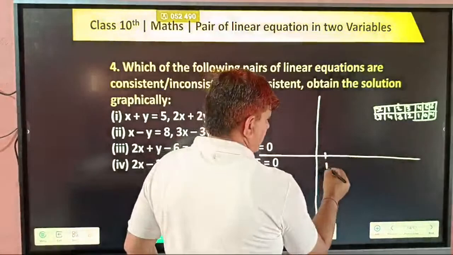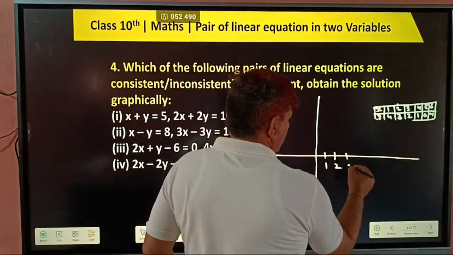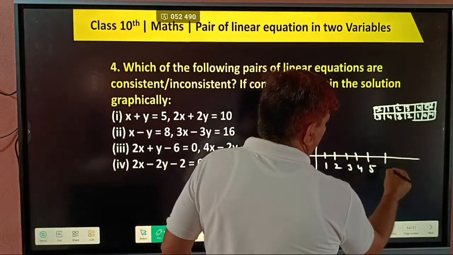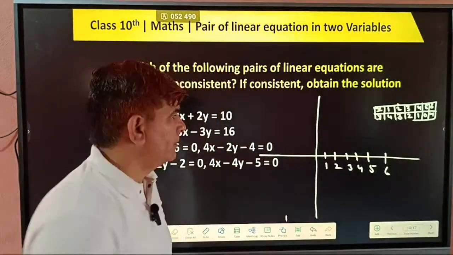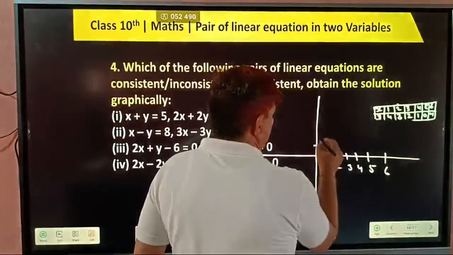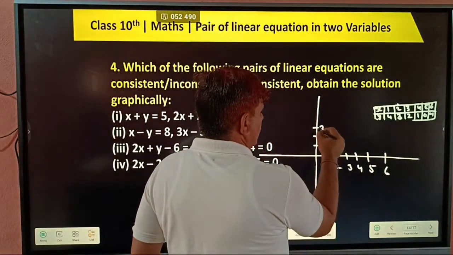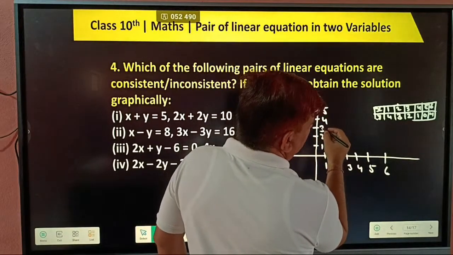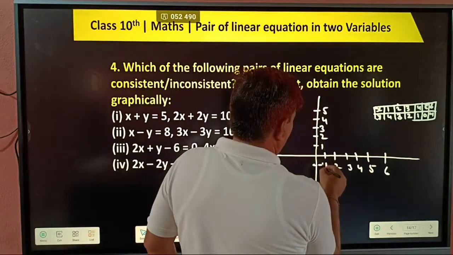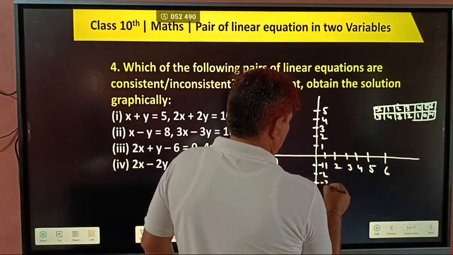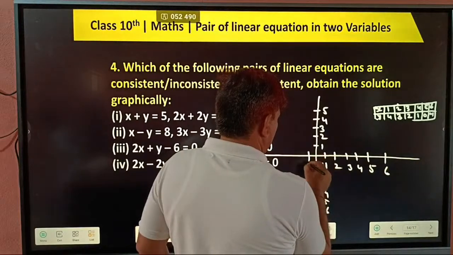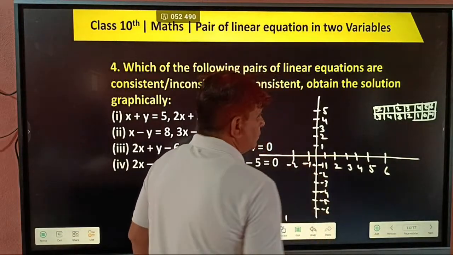Take 1, 2, 3, 4, 5, 6, and here 1, 2, 3, 4, 5. Here is minus 1, minus 2, minus 3, minus 4, minus 5, minus 6.